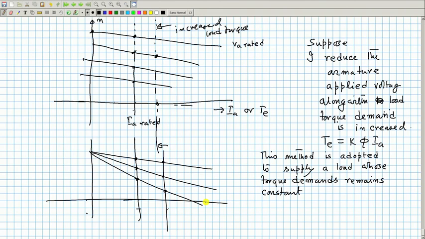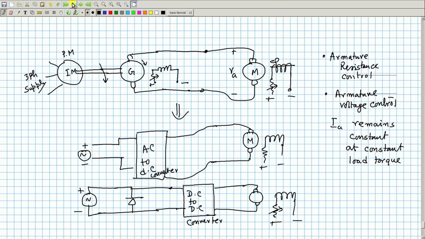Therefore, you see this armature voltage method of control can be done either by connecting external armature resistance like this, but this is no good, inefficient. So, armature voltage control is a very nice method, with smooth control. Compared to earlier days, nowadays the variation of armature applied voltage can be achieved not by big machines externally connected to your motor.